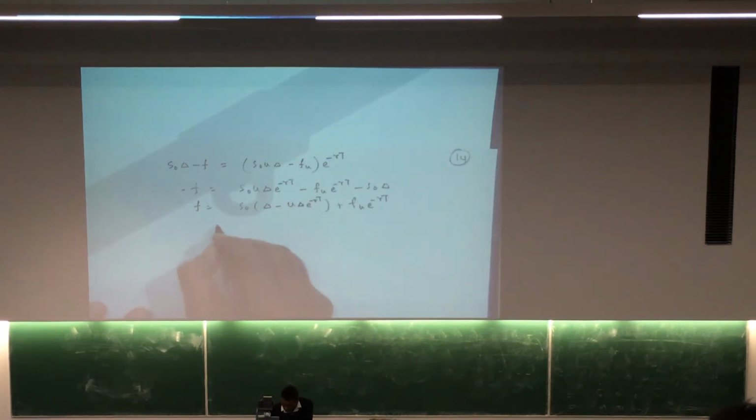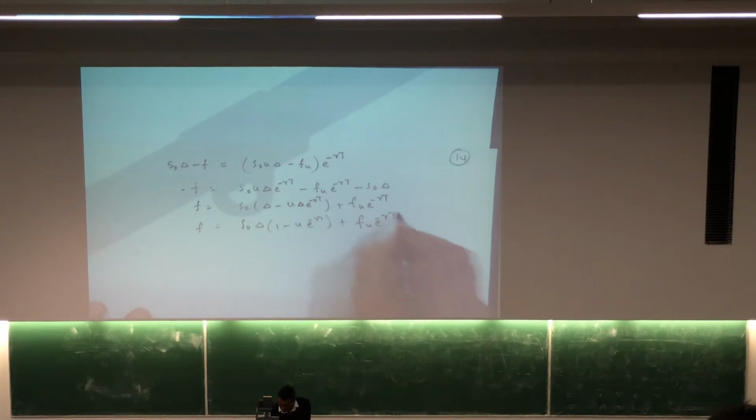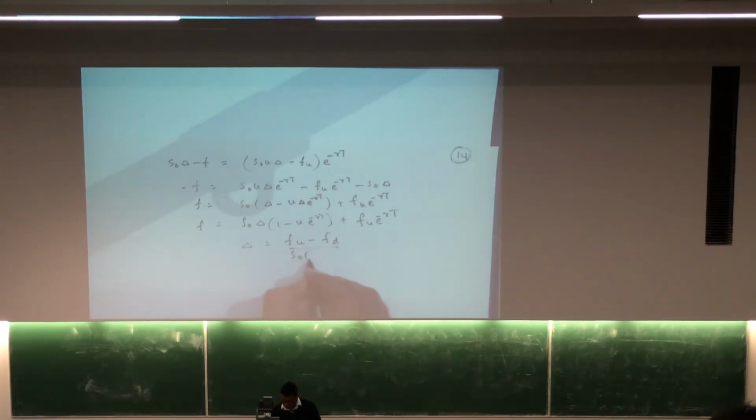So you can simplify this further by writing S naught, if I extract the delta, 1 minus U e power minus RT, plus FU e power minus RT. And we know the delta value. The delta value we found is going to be Fu minus Fd divided by S naught times U minus D.